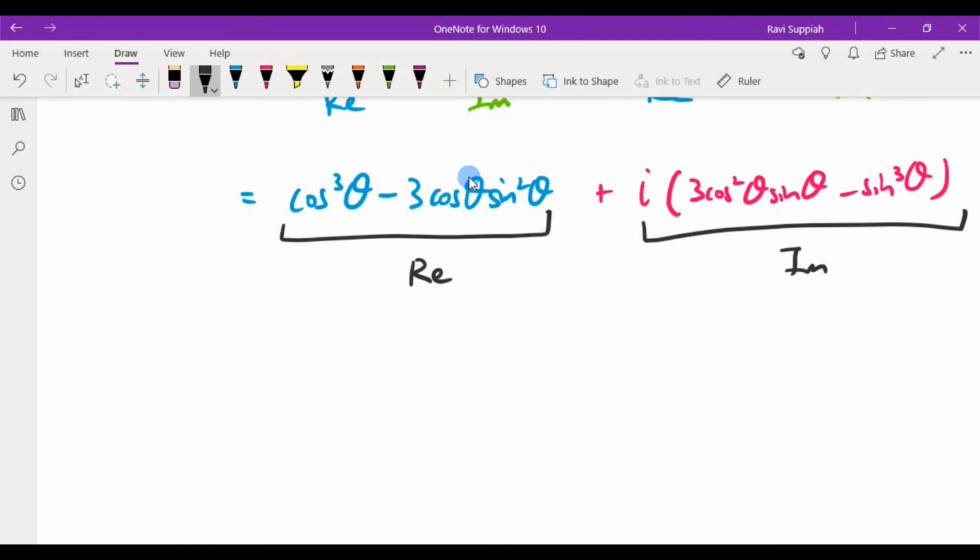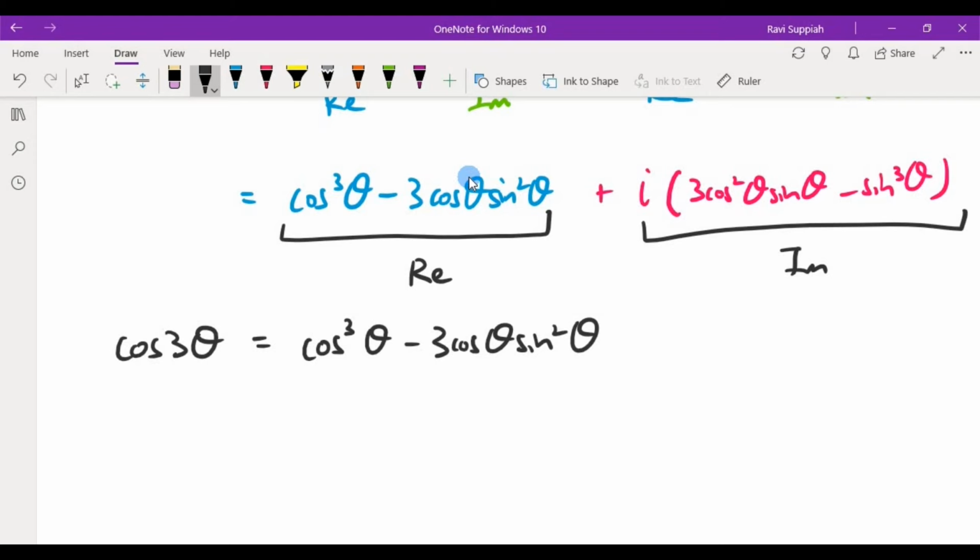That means cos 3 theta is equal to cos cube theta minus 3 cos theta sine square theta. I don't need to worry about the imaginary part at this time because the question only asks us to focus on the real part. Okay, now let's see what we can do here.